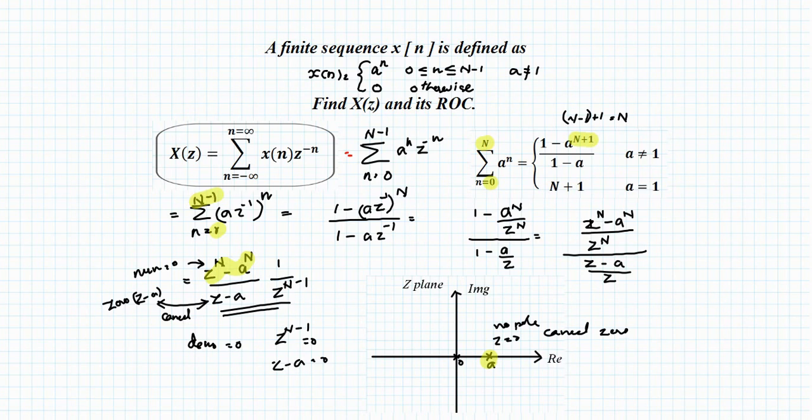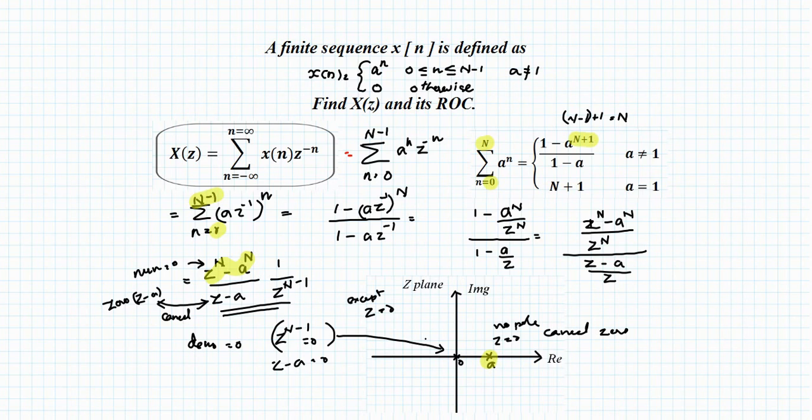So we'll get only the z raised to n minus 1 pole. This is the pole we are indicating. So the z transform ROC is the entire z plane except at z equal to 0.